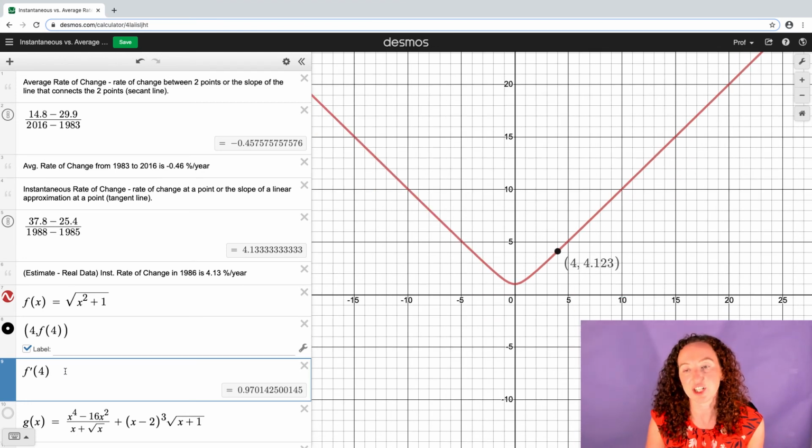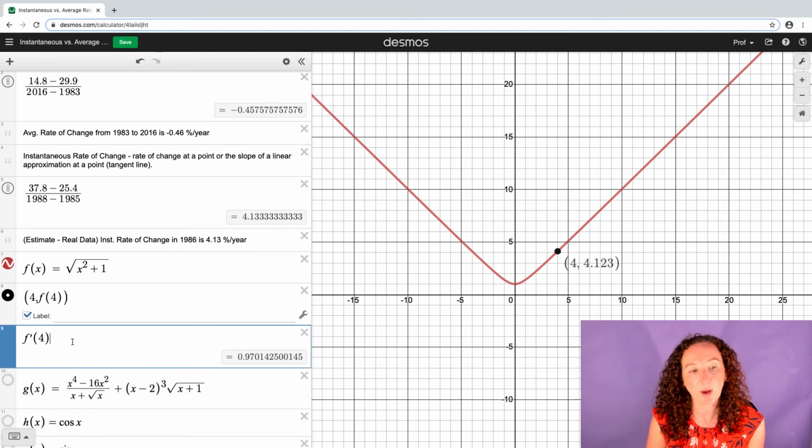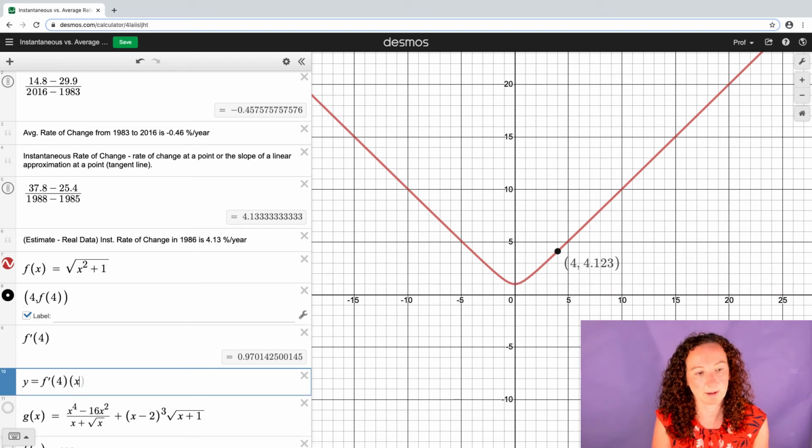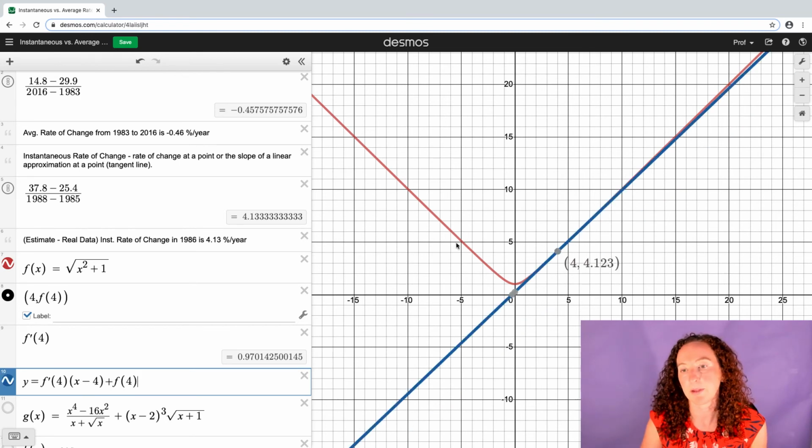So it's the tangent line. So I'm going to go ahead and just put the tangent line down. Okay, and this is our tangent line.